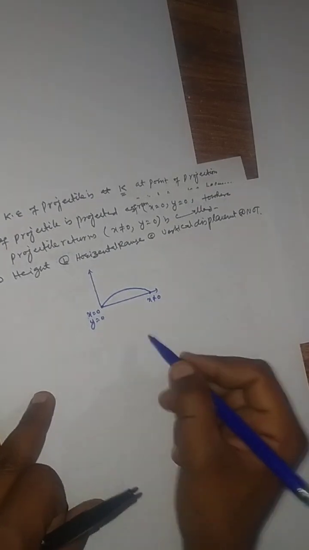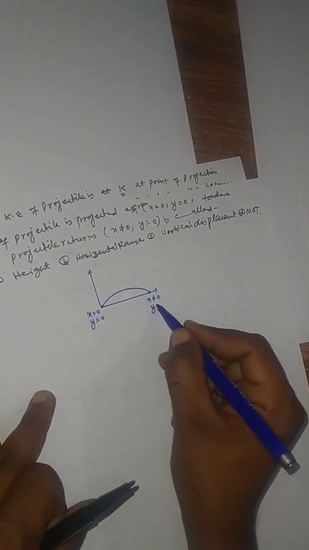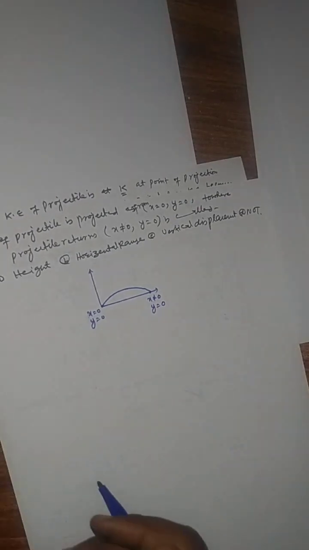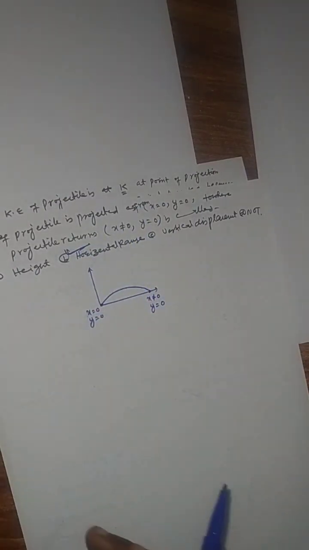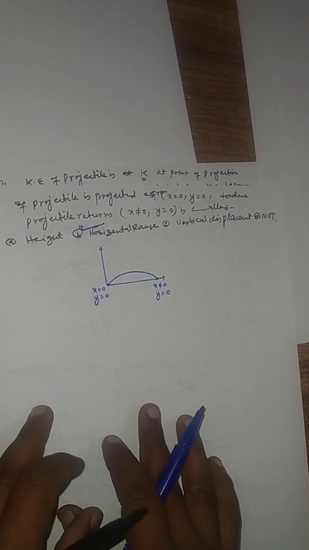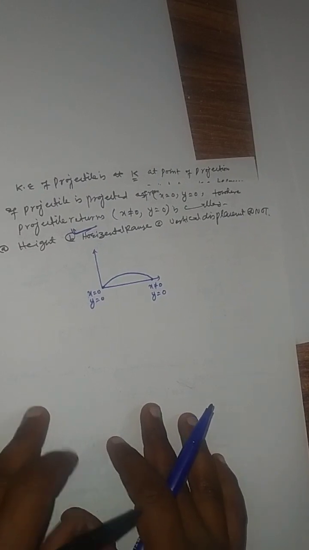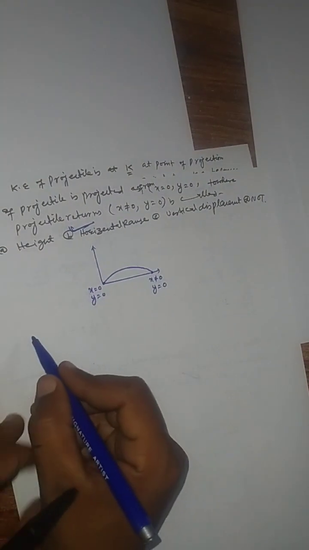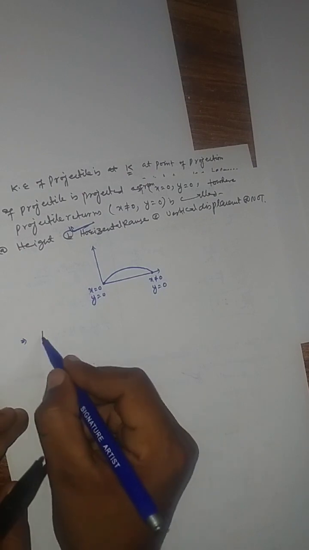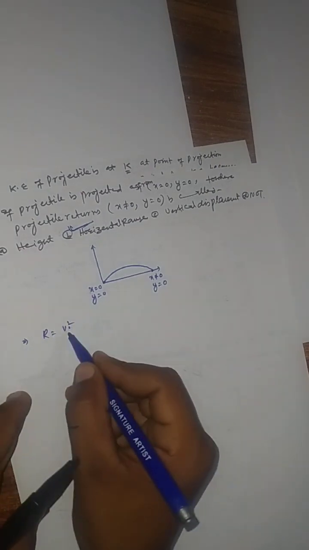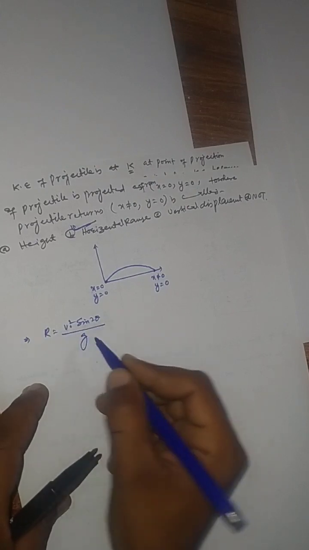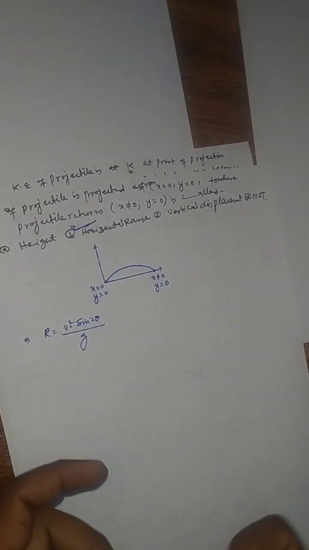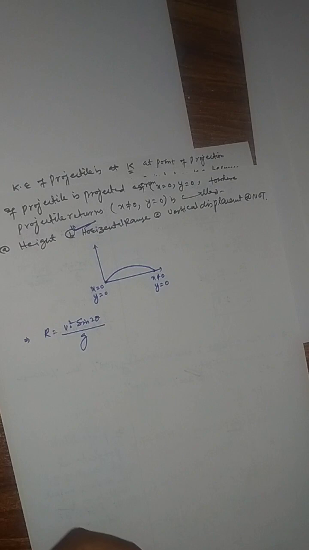Here x does not equal to 0 but y is also equal to 0, so that's why this is the condition given, so this will be horizontal range. Okay, horizontal range is given by v naught square sine 2 theta over g. This is the formula for the horizontal range.